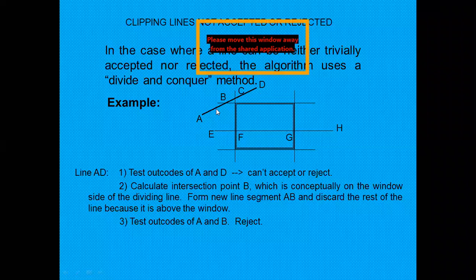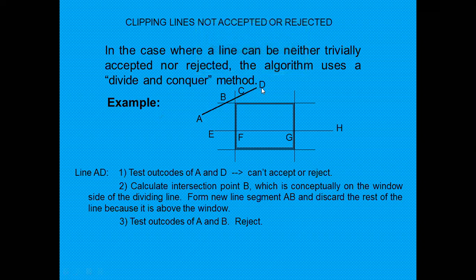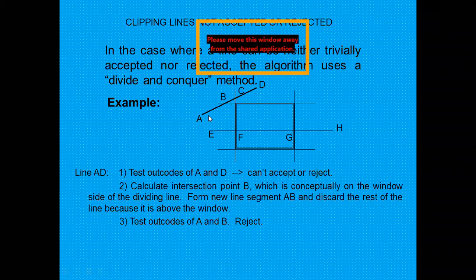Under such conditions, we will apply the divide and conquer method. Even though it lies completely outside, it is passing through the region of the extended portion of the window. We can solve one example on this in the next lecture.